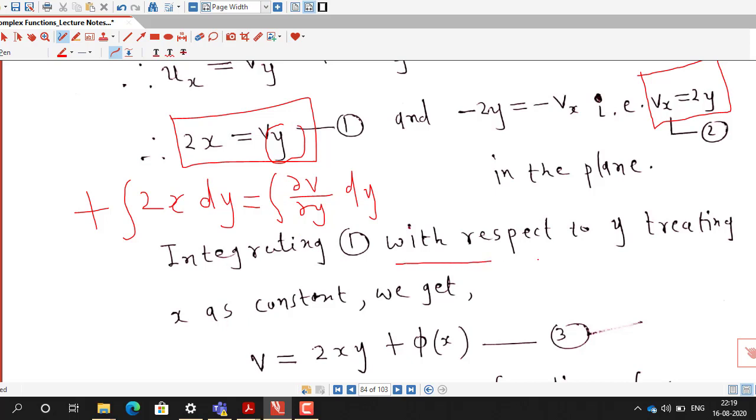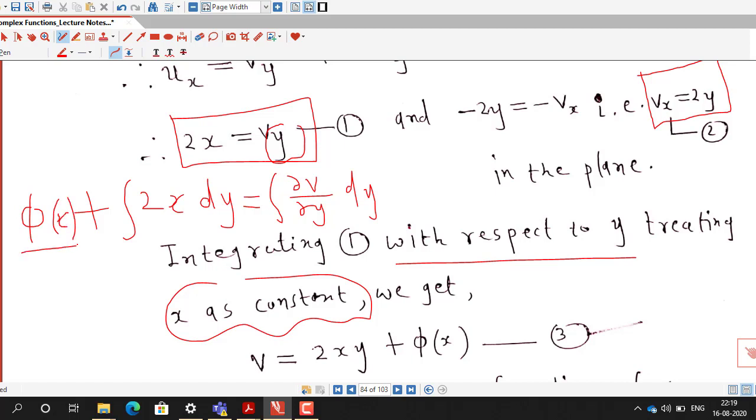So when we integrate with respect to y, we have to consider x as constant. So the arbitrary constant may be function of x. So instead of writing constant c, we will write arbitrary function of x.